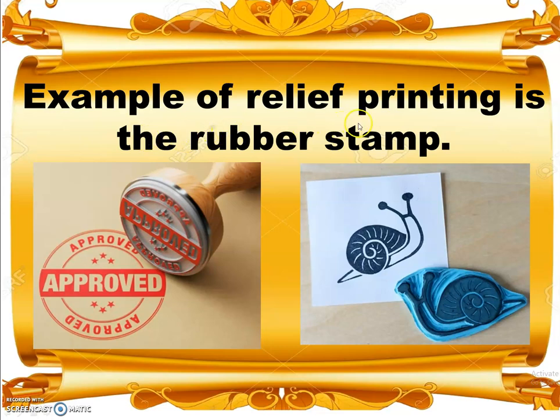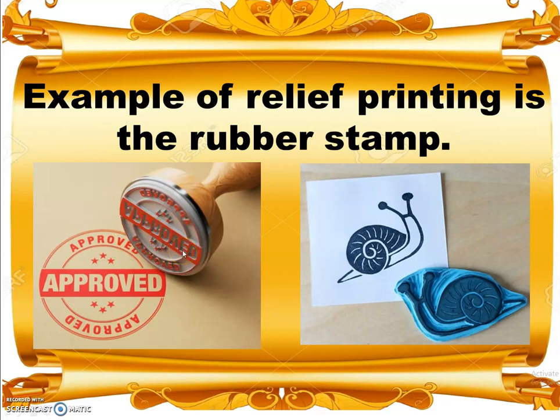An example of relief printing is the rubber stamp. You are going to get the rubber and remove all the excess or unwanted materials so that it will be protruding like this one.